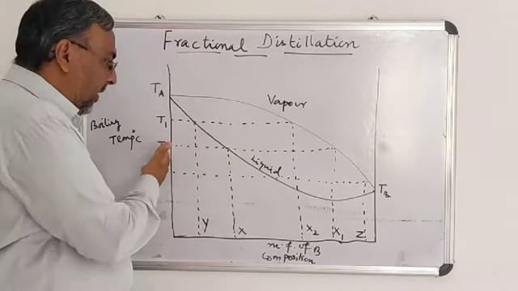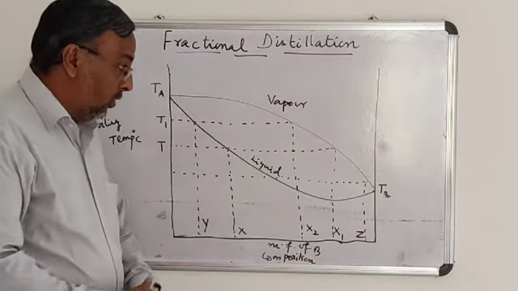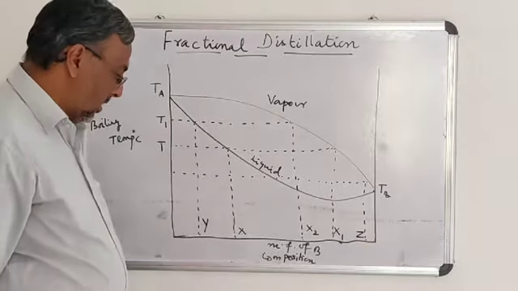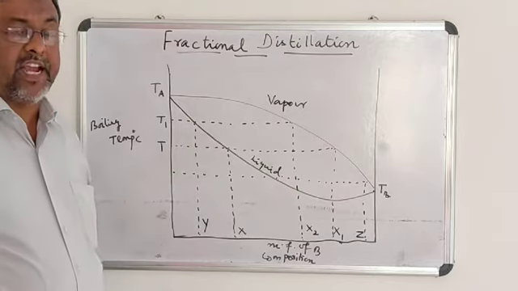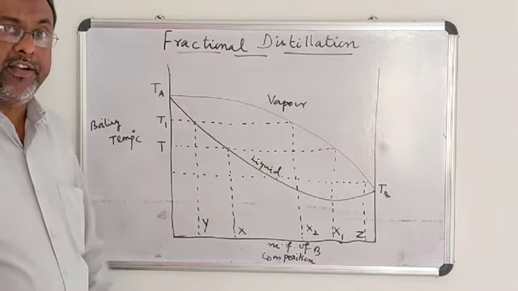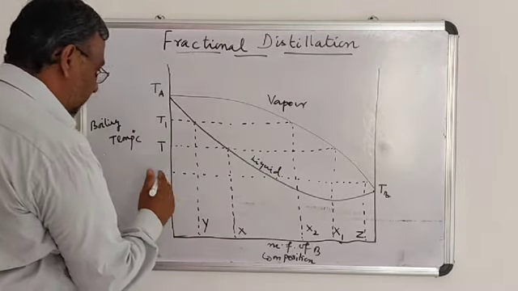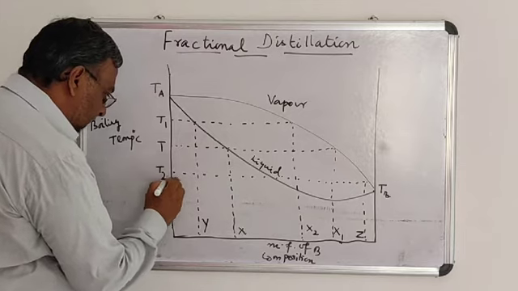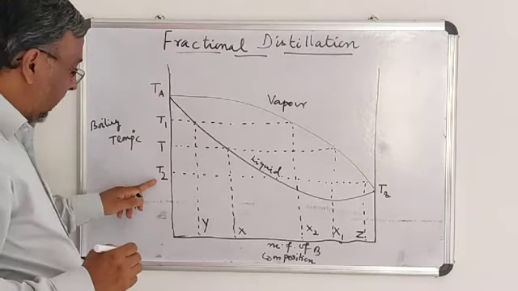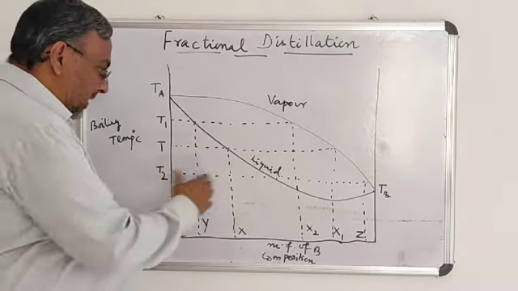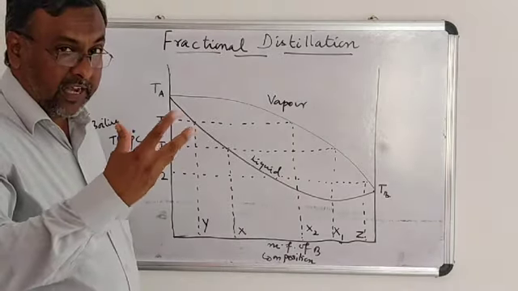At a temperature T, the vapors collected and distilled will have composition X1, which will be very much rich in B. Again and again, on repeated distillation, the same liquid will boil at temperature T2, which is lower than T. So at lower temperature, the vapors are collected and redistilled.